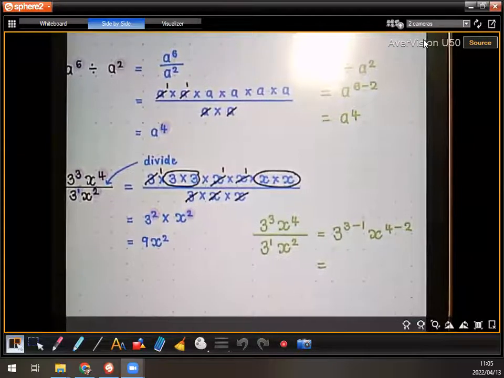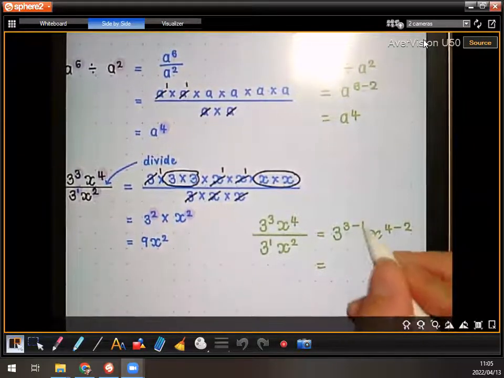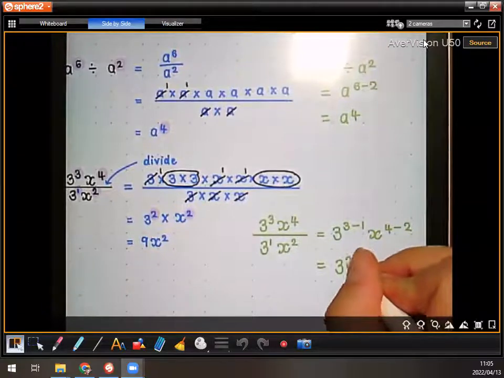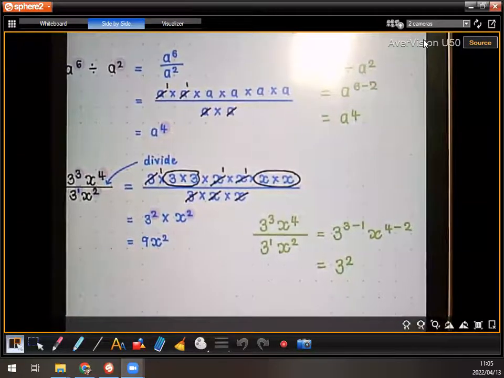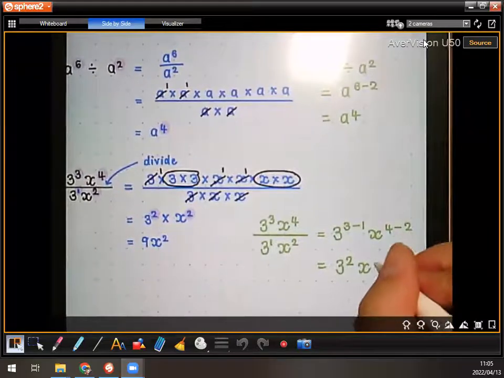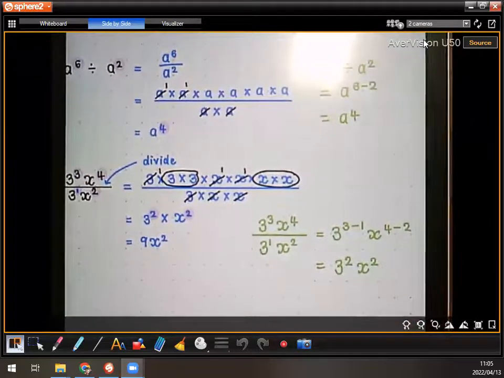Okay, now we're just going to do that subtraction. 3 to the power of 3 minus 1, we all know that that is 2, right? And then x to the power of 4 minus 2, that is also 2. Now all that's left for us to do is just to write 3 squared as 9.